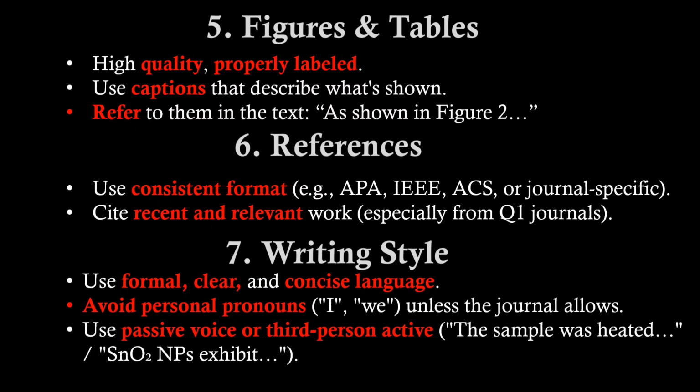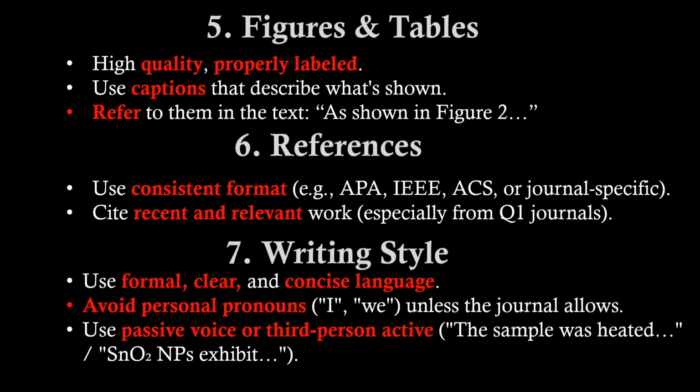And while you are writing the scientific research paper, another good tip is to use formal, clear, and concise language. Another very good tip is to avoid personal pronouns I or we, unless the journal allows, or even when sometimes that is unavoidable.